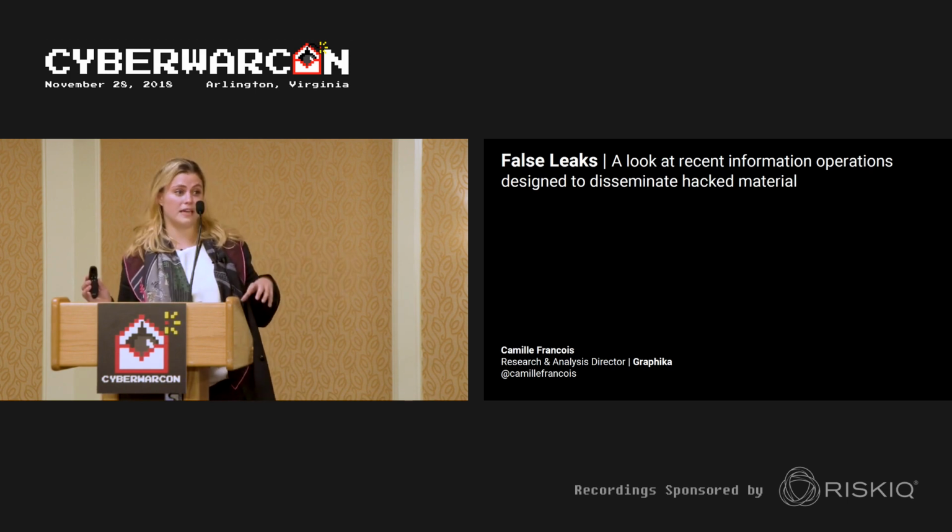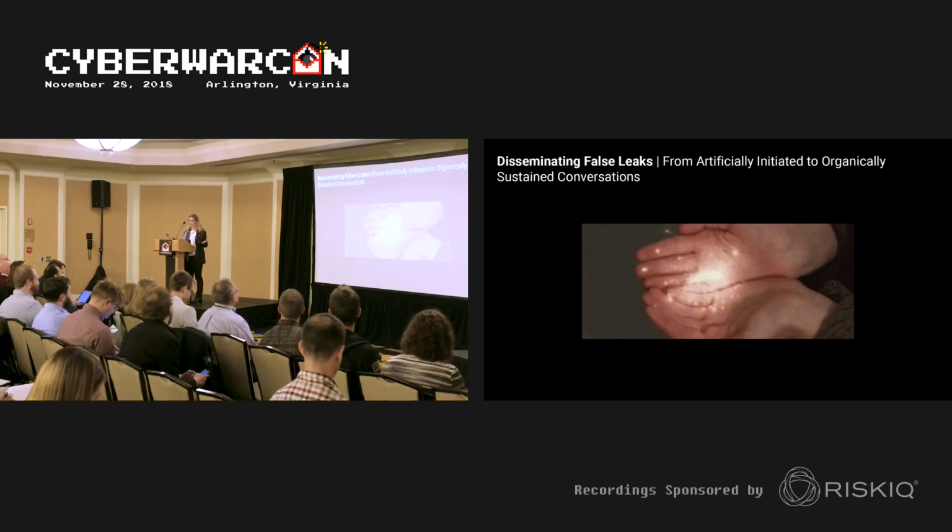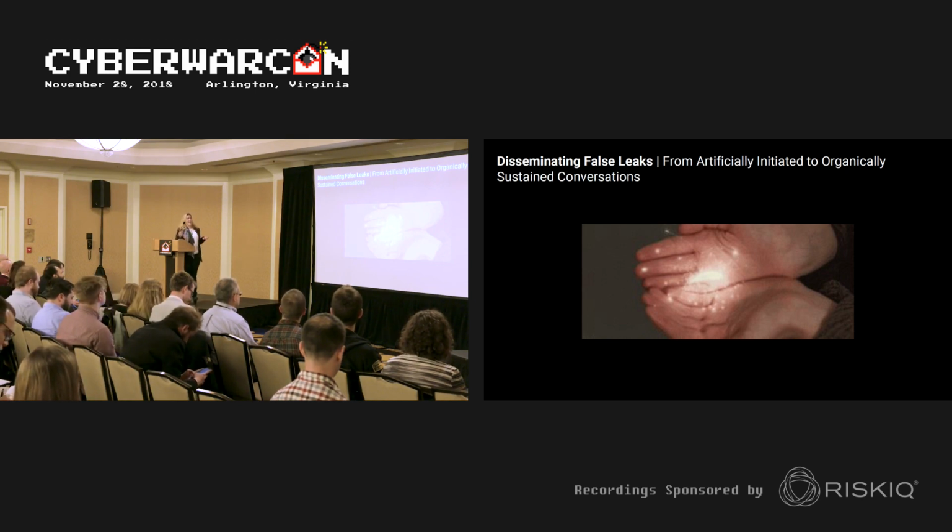Now on to the third phase, which is dissemination, how information gets promoted and disseminated, and this is where we're going to be most focused on today. When you consider the end goal of the dissemination phase, it's really to pass the baton to a more organic conversation, to initiate artificially something that's going to end up being an organic political debate.